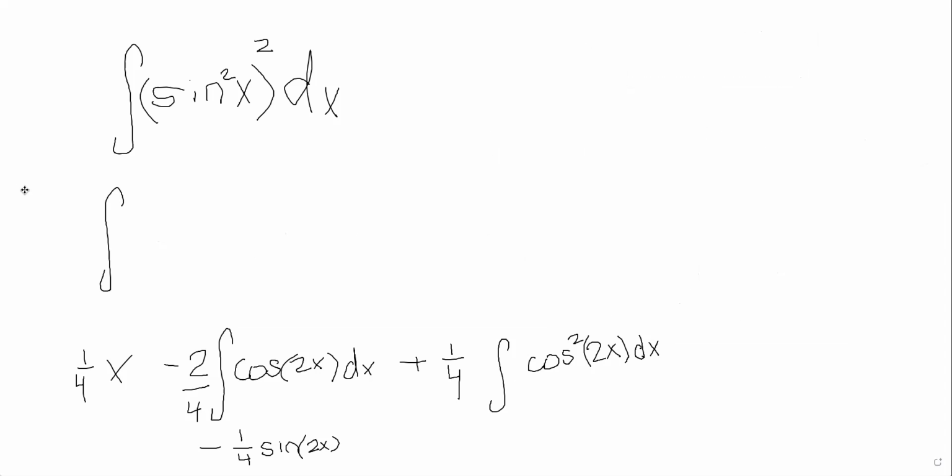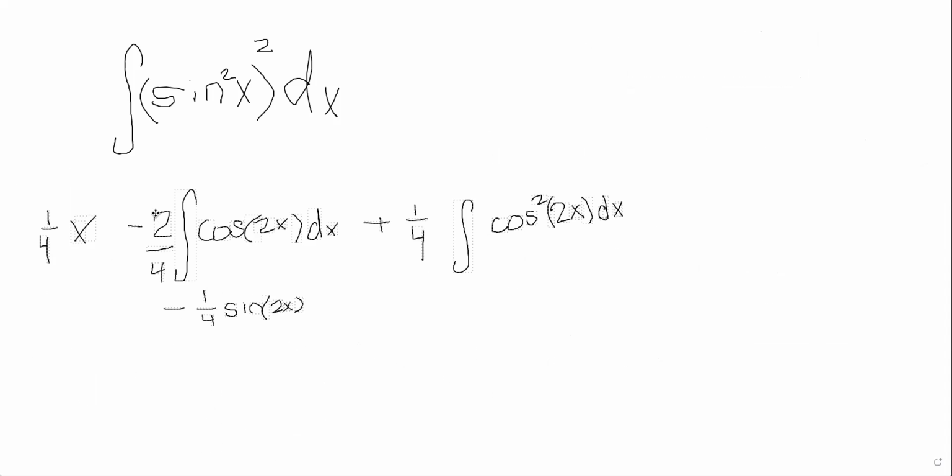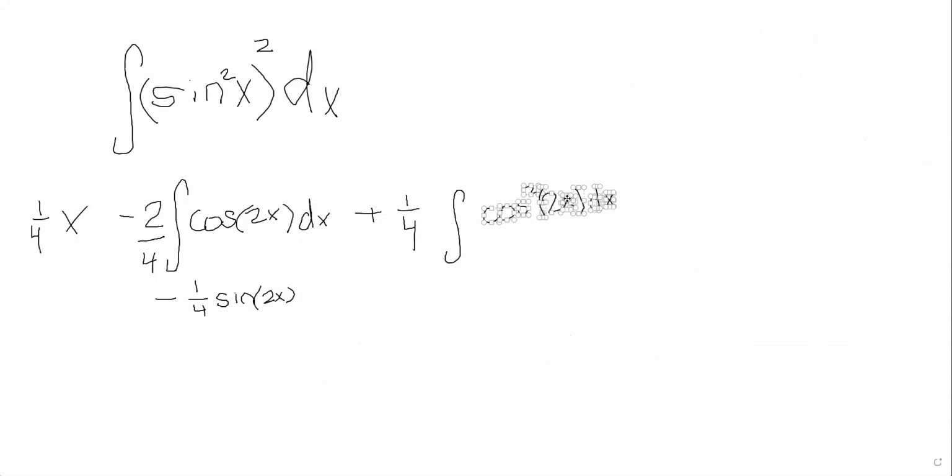I'm going to do some spring cleaning real quick. Let's take a look and then see what might be useful from that identity sheet. Which one do we want to use? So I'm thinking we probably want to do the one that goes like this. We have cosine squared x equals 1/2 times 1 plus cosine of 2x.